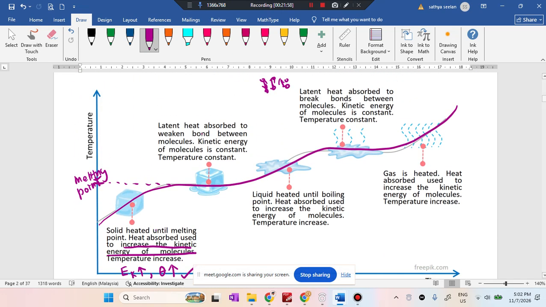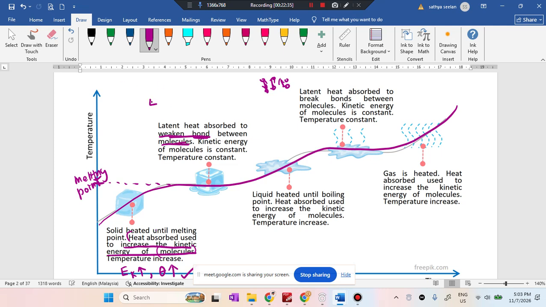Okay, dekat sini. At the melting point, latent heat absorbed to, you tak boleh guna to overcome the force of attraction all, to weaken the bond first. To weaken the bond between molecules. So, dia tak pakai untuk particles. Macam tadi, heat energy ni kita pakai untuk particles, betul tak? Molecules. To increase the kinetic energy. Di sini dia gunakan heat yang diserap tu to weaken the bond between the molecule.